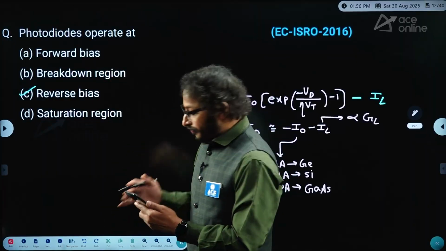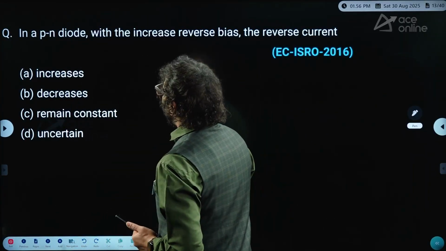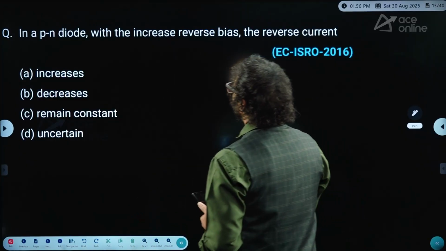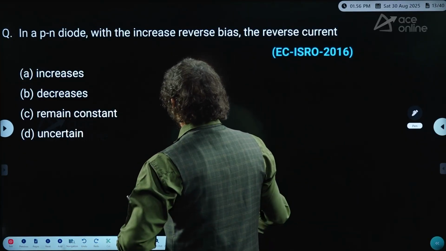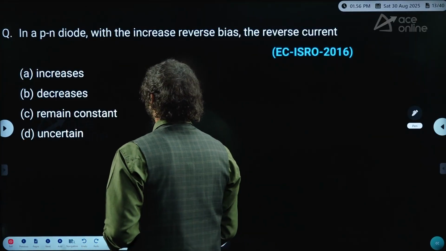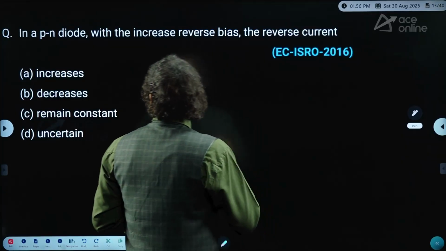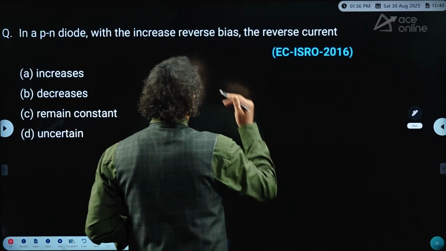Now, anyway, come back to one more very interesting question. In a photodiode, with the increase in the reverse bias, what happens to the reverse saturation current in a PN junction diode?